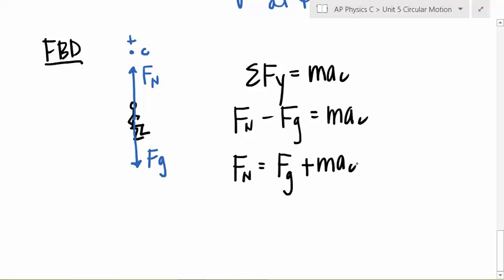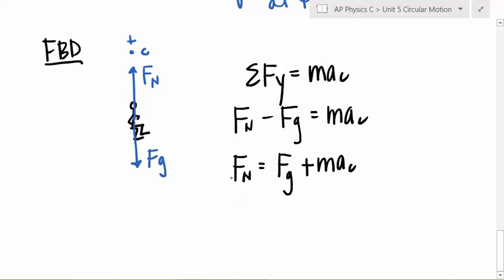How do you feel at the bottom in the dip, the bottom of the first hill on a roller coaster? Heavy. Don't you just almost feel like you're being squished into the seat? It's hard to hold your hands up in the air. Okay.